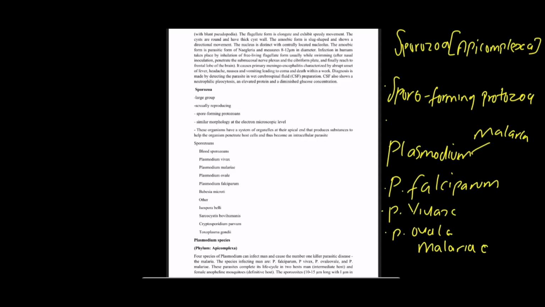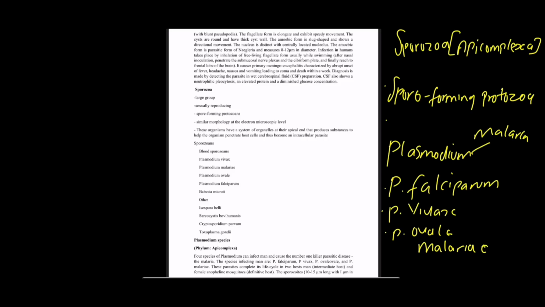They are responsible for causing malaria, and the method of transmission of this protozoa or parasite is through the female Anopheles mosquito, which is the intermediate host. If you remember, previously we spoke about types of parasite. We have the direct and indirect, right? We said that one requires a single host to complete the life cycle, while the indirect requires more than one host to complete the life cycle.